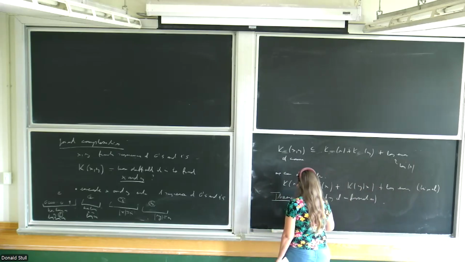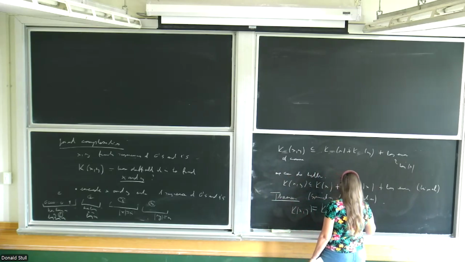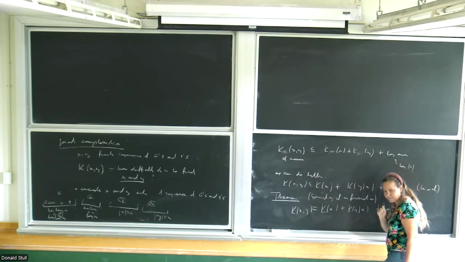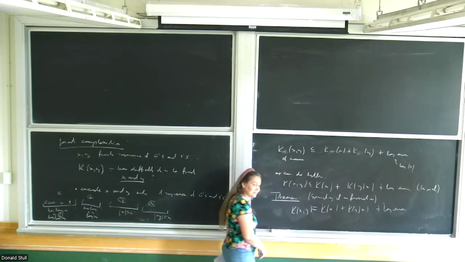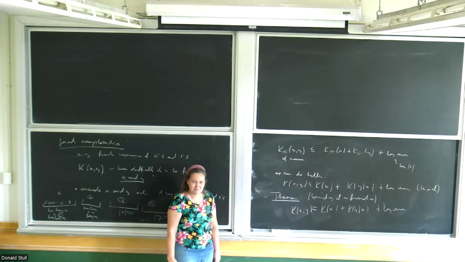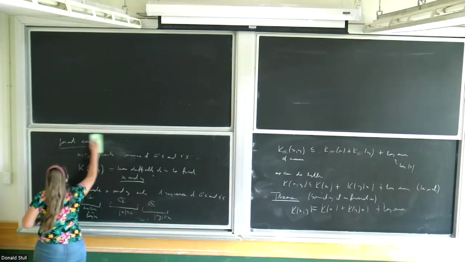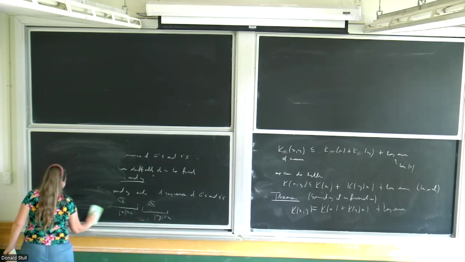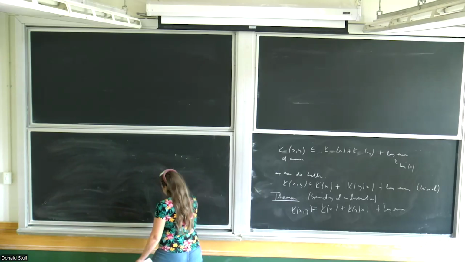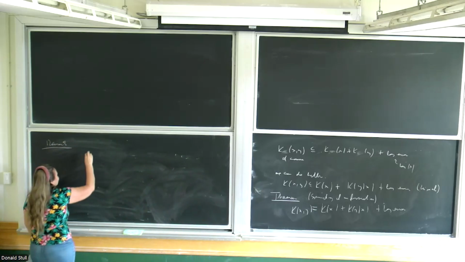So K(x,y) is equal to K(x) plus K(y given x) plus logarithmic error. So the upper estimate is trivial. As for the lower estimate, I think there is absolutely no reason why it should be true, except that it is. So this is my first remark. There is no reason why this is true.